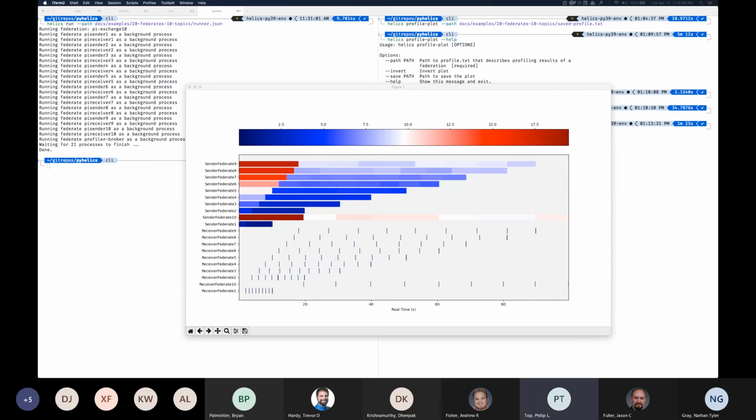The profiling is hierarchical, so it will capture wherever you specify the profiling flag, and you can specify that in multiple locations. So if you wanted duplicate data, you could get that. Otherwise, if you wanted all, you just specify it on the broker. If you want it on a specific federate or subset of federates, you can specify that per federate.